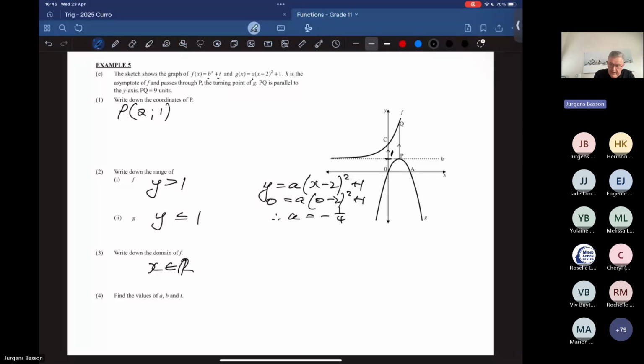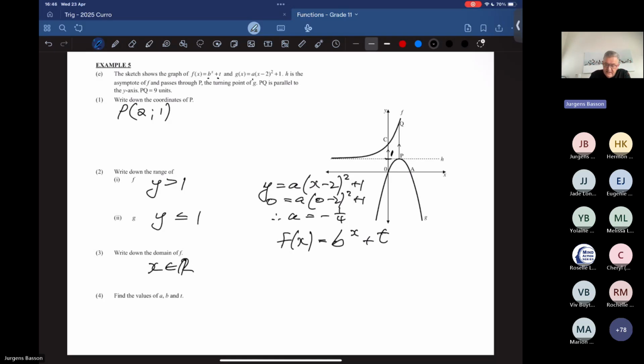Secondly, we must look at our f graph, and that is f(x) equal to b to the x plus t. Now b is the base, and we know that base will be greater than 1 because it's increasing. But for t, we need to know what the shift was of this graph.